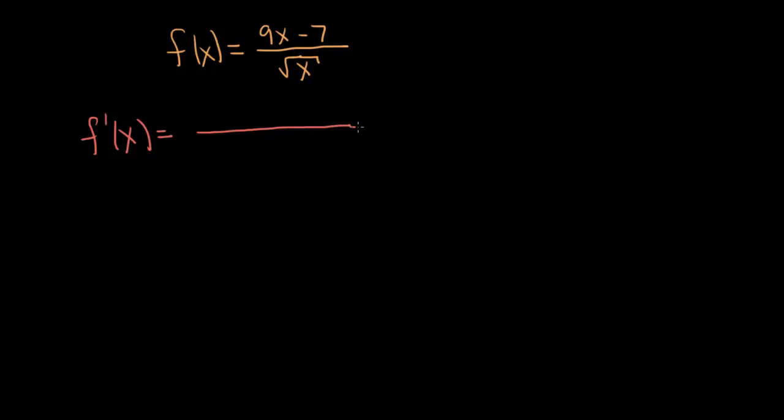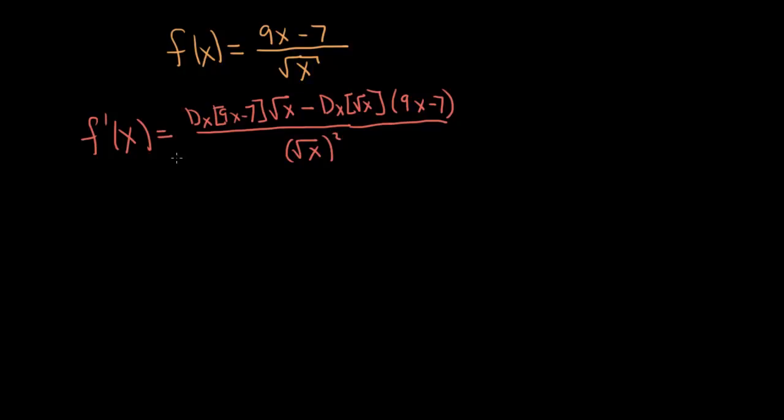It's the derivative of the top function, 9x minus 7, times the bottom function, square root of x, minus the derivative of the bottom function, square root of x, times the top function, which is 9x minus 7, divided by the bottom function squared. So that's what the quotient rule tells us to do.